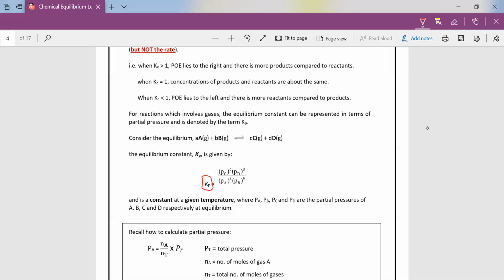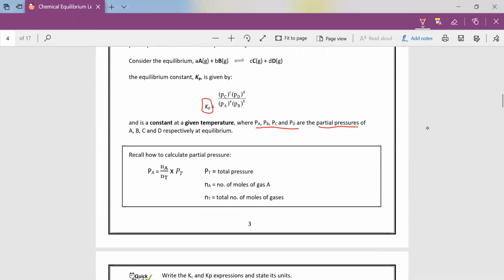It is the same thing as Kc, except that everything is given not in terms of concentration, but in terms of partial pressure. In case you've forgotten about your gases, how do we calculate partial pressure? You take the mole fraction and multiply by the total pressure. That will give you the partial pressure.